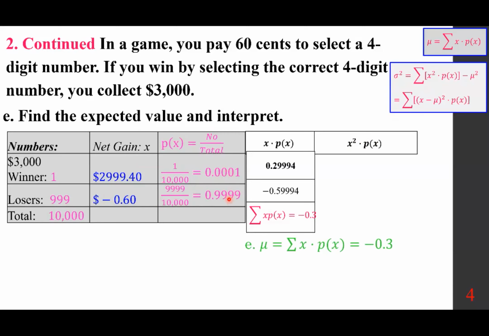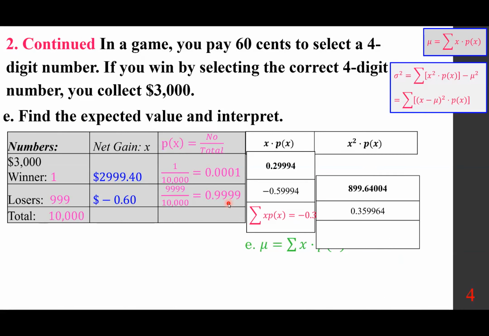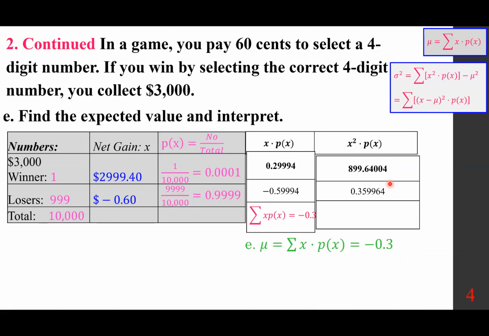First of all, the mu, the expected value, we found it is negative 0.3. That's the expected value. Now for this part, raise this to the second power times this, and those are the numbers we get, okay?